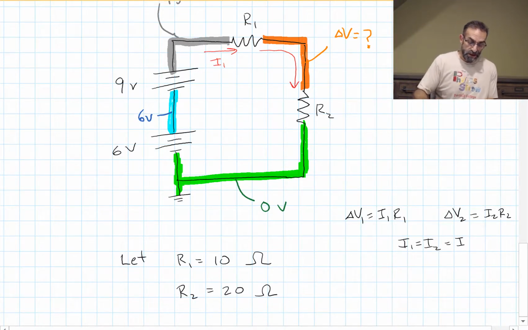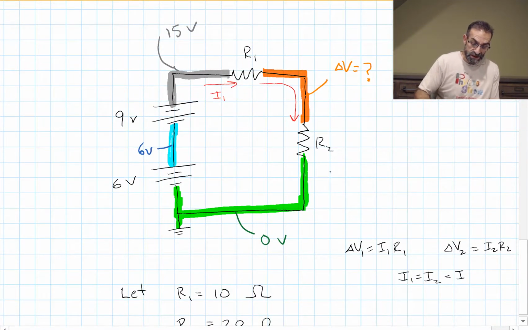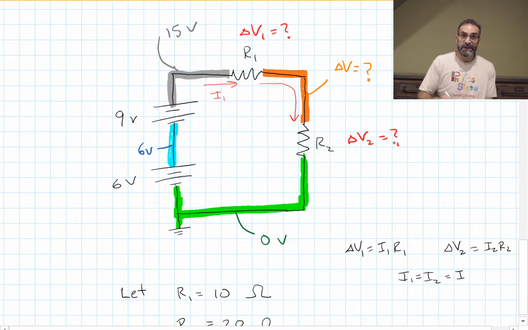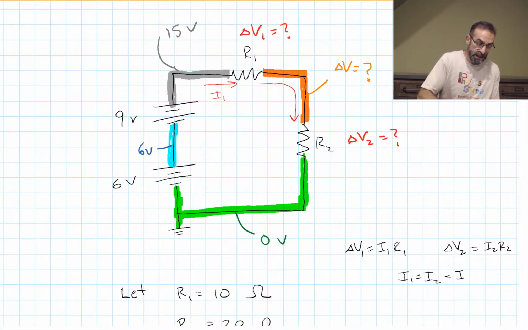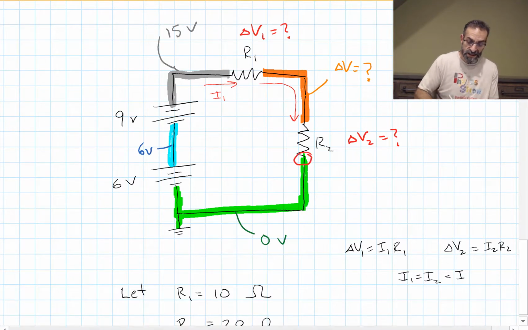What else do we know? We know that the potential difference across the whole thing, delta V1 plus delta V2, has to equal 15 volts. R2 is connected right here to 0 volts.